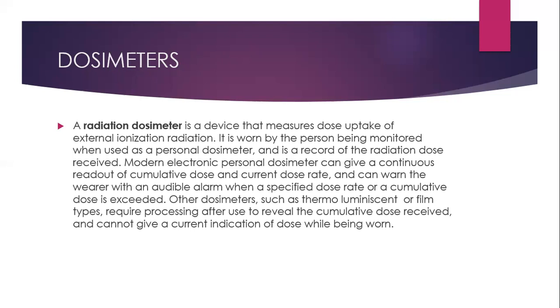Modern electronic personal dosimeters can give a continuous readout of cumulative dose and current dose rate, and can warn the wearer with an audible alarm when a specified dose rate or cumulative dose is exceeded. Other dosimeters, such as thermoluminescent or film types, require processing after use to reveal the cumulative dose received, and cannot give a current indication of dose while being worn.